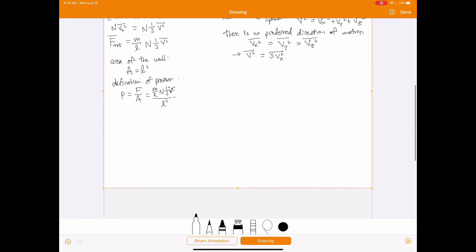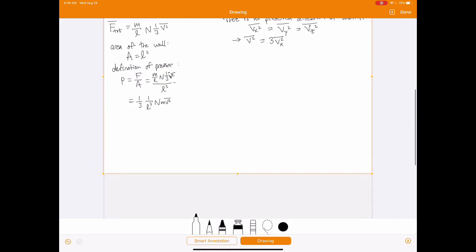So for the pressure of the gas, just to write that in a more straightforward way, we have a factor of a third out front. Overall, we have L cubed in the denominator. And then we have N, which is the number of particles, then we have m, the mass, and then v average squared.